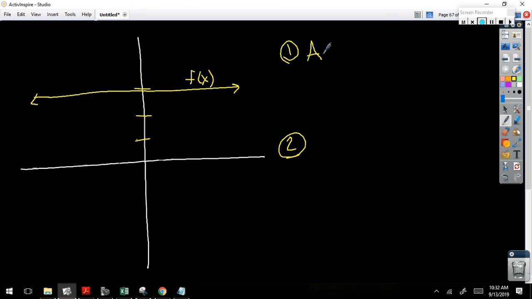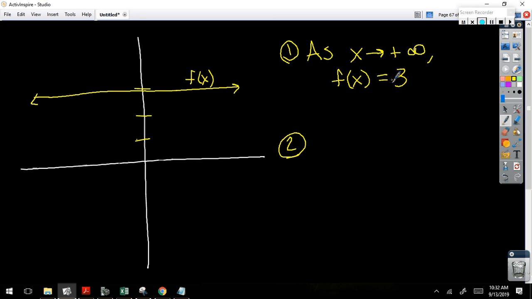As x approaches positive infinity. Good job. You're right. It's always going to equal 3. Y always equals 3. That's the line y equals 3. F of x equals 3.